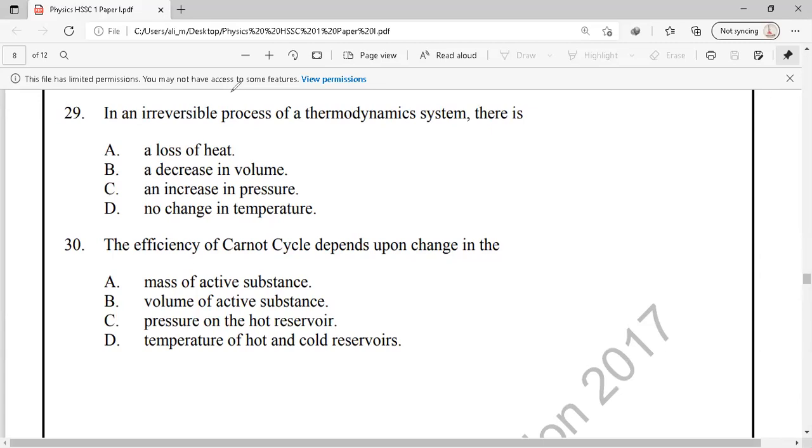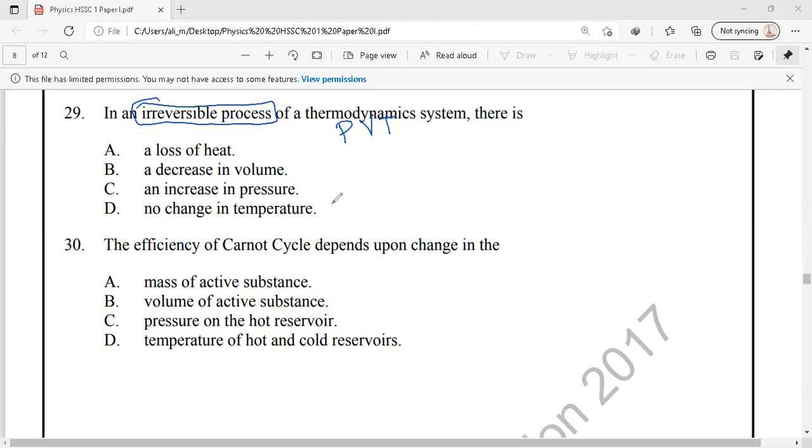In an irreversible process of thermodynamics, irreversible means the system will not come back to its initial state. Its values for pressure, volume, and temperature will not remain the same. So, which of the following options is correct about the irreversible process?